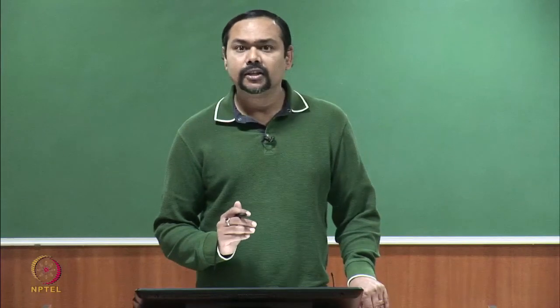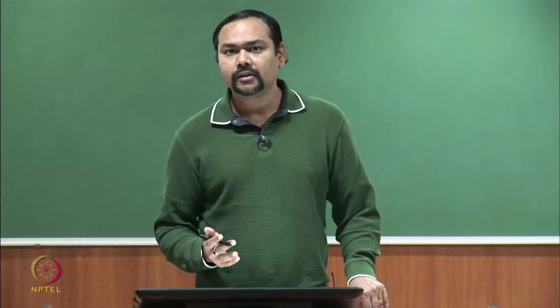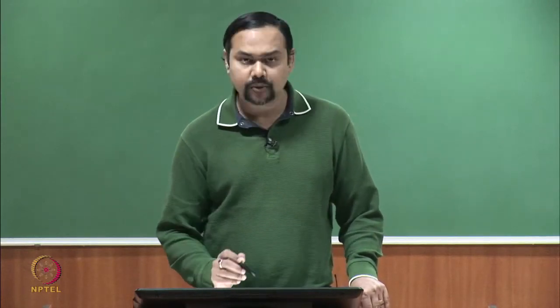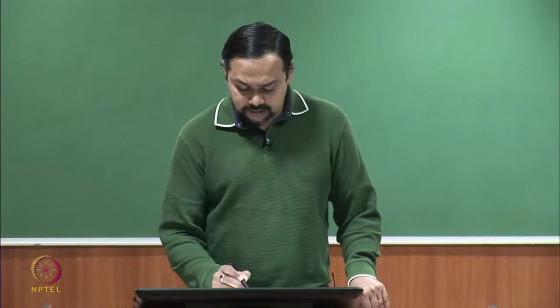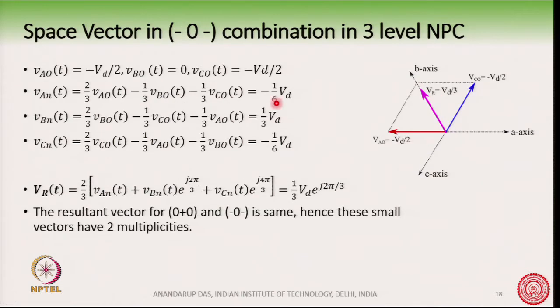In a similar way, you can draw space vectors for all the other 27 combinations, one by one, inserting the values of VAOT, VBOT and VCOT, and in the same fashion you can go on deriving the resultant space vectors. There is also one more example given here. Suppose it is the minus 0 minus combination.